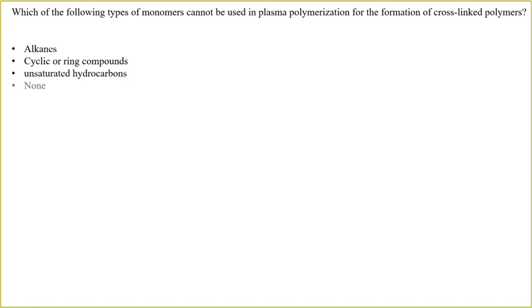So for a standard polymerization process, none of these can be used since they are not suitable to be used with the plasma, as plasma is a very high temperature polymerization reaction, and alkanes, cyclic compounds, or unsaturated hydrocarbons can create unwanted byproducts during the plasma polymerization. That's why compounds which can withstand very high temperatures are only required for the plasma polymerization process. So none of the above is the correct answer for this.